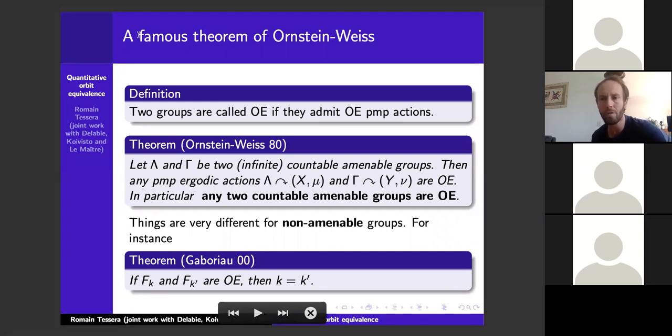There has been a lot of work, because amenable groups were shown to be so uninteresting in some way. All the effort has been put on non-amenable groups, for which a lot of rigidity has been proved. For instance, one of the most beautiful ones is a theorem by Gaboriau, who showed that if you take two free groups with different numbers of generators, they are not orbit equivalent.